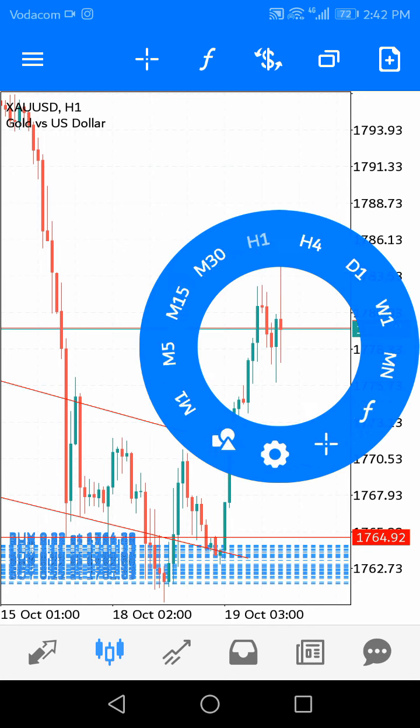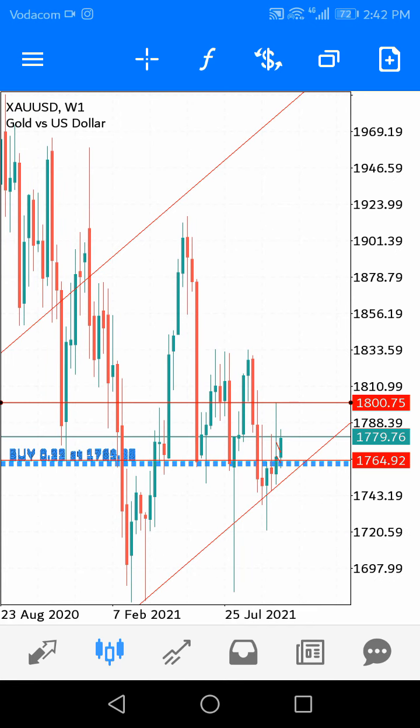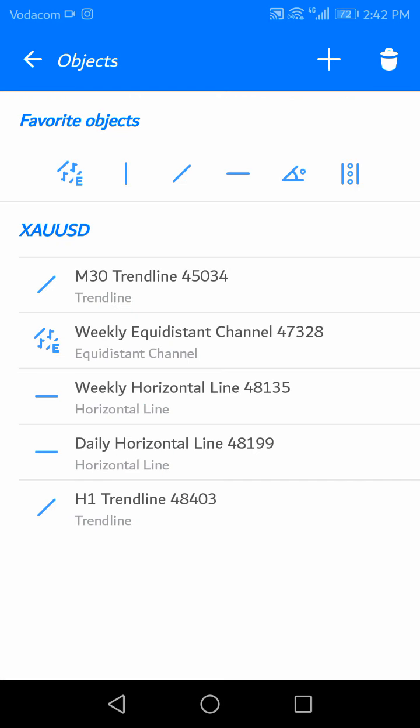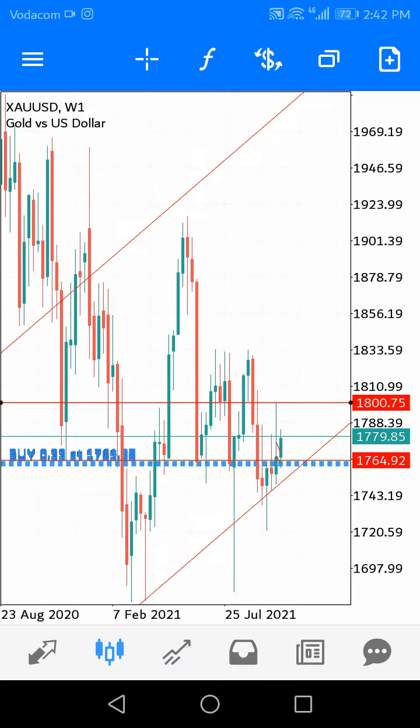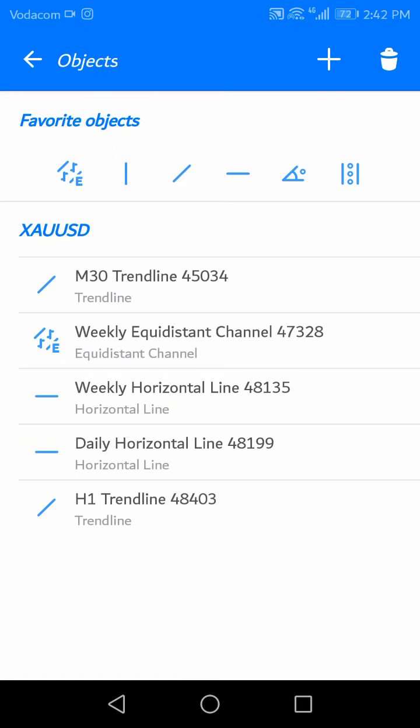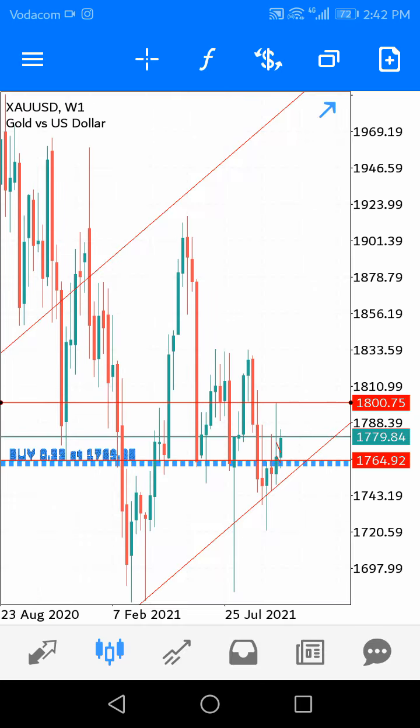So from a weekly perspective, we are still yet to go high. We are still going somewhere. So in a long run, gold is going up back to the 1900s and above.